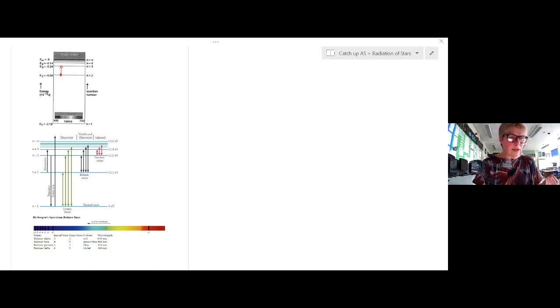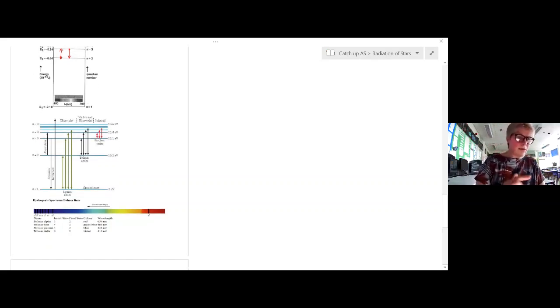And that's why we see the black line, because eventually that excited electron will relax back down to the lower level, but it will re-radiate in a different direction, and that direction won't be towards Earth, where the rest of the visible light is passing from the star to us.